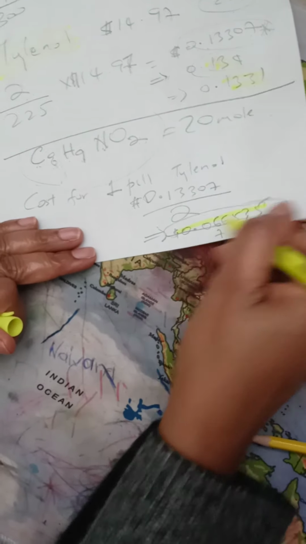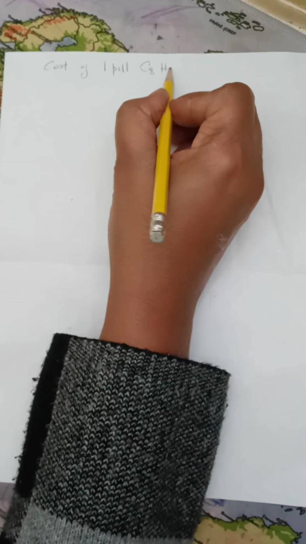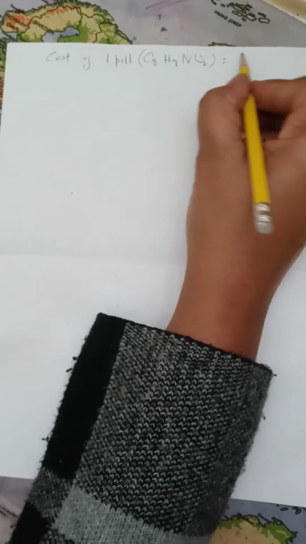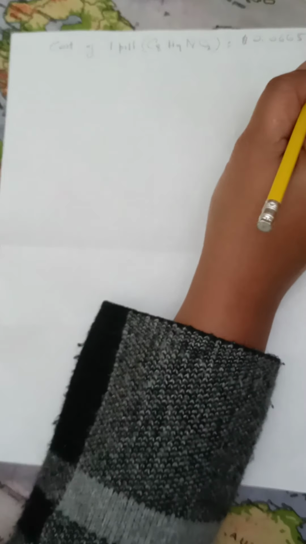Because then we need to find out what 1 molecule is, and in order to do that, we cannot round off, because if we round off, we're going to get ourselves into trouble. So let's keep the whole 0.066535. So the cost of 1 pill of Tylenol, which is made up of C8H9NO2, is 0.066535.